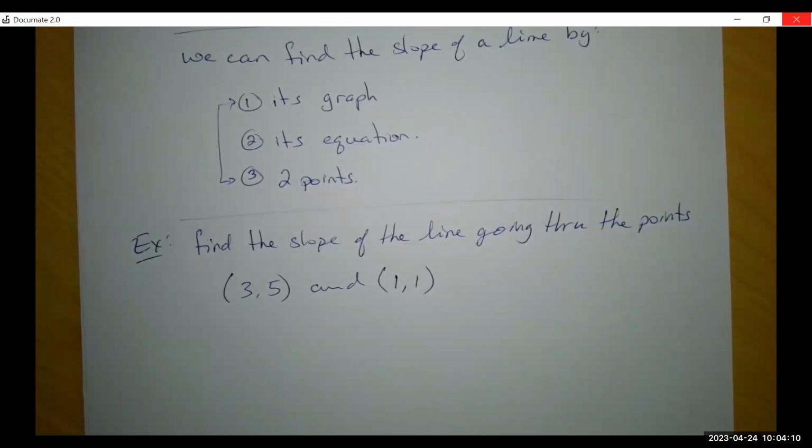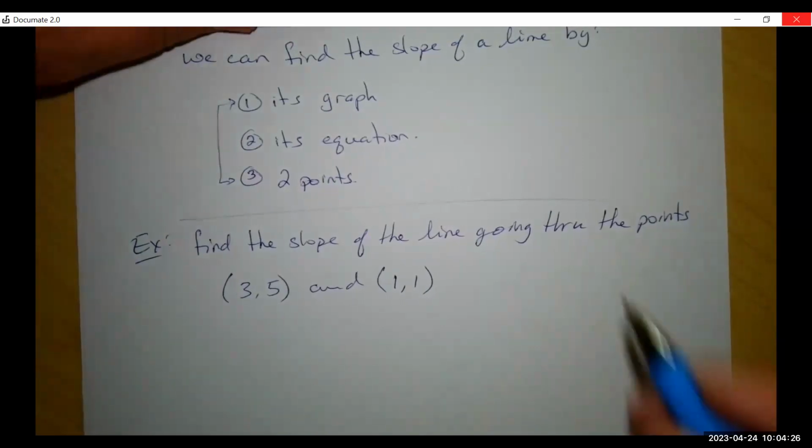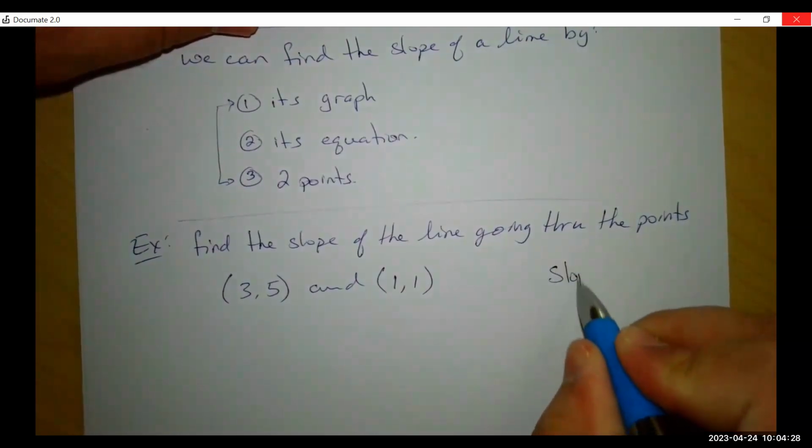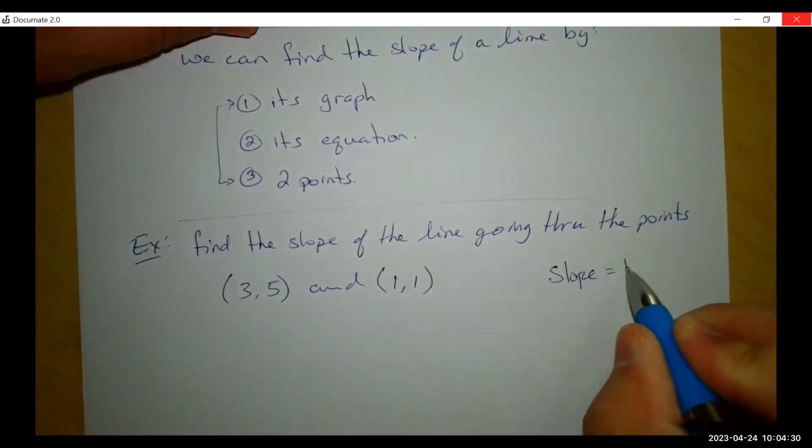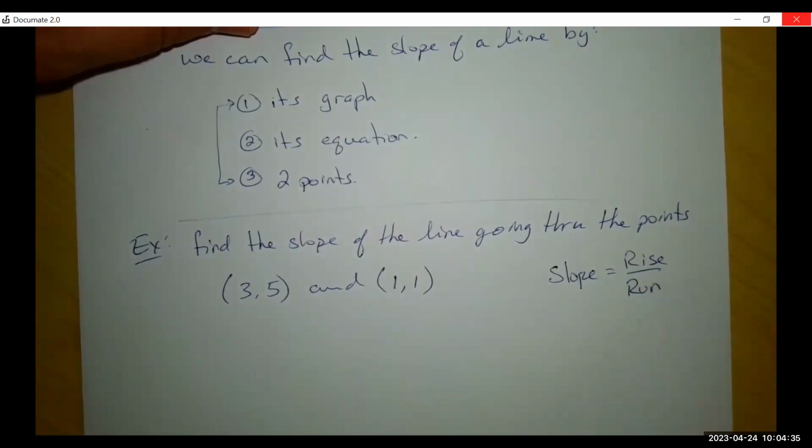Remember from last time what slopes mean? How do you define a slope? Rise over run. Slope is defined in words as the rise over run.